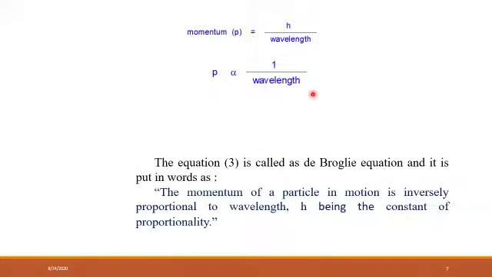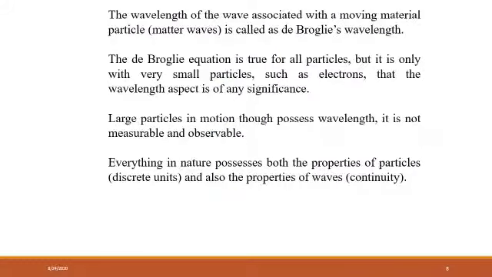This equation, or the previous equation 3, is called the de Broglie equation, and it may be put in words as: the momentum of a particle in motion is inversely proportional to wavelength, where h is the constant of proportionality. The wavelength of the wave associated with a moving material particle is called the de Broglie wavelength.